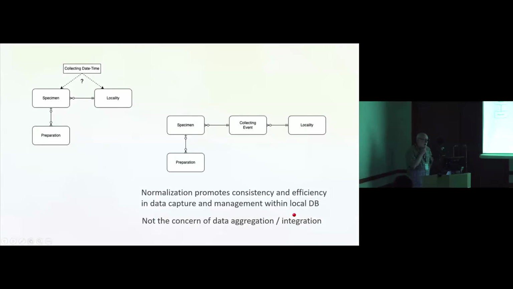The first kinds of things that were done as we were normalizing specimen databases was the separation of specimen and locality, where there were disciplines where multiple specimens were produced from a given locality. But different disciplines treated the time component differently.